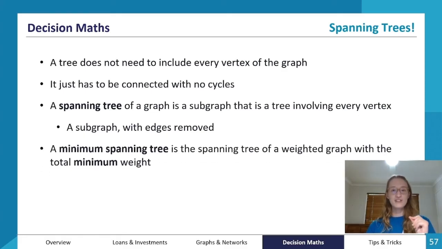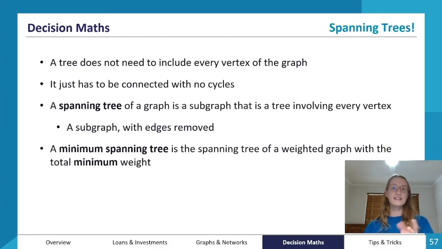And then to make our definition a little bit more specific, a minimum spanning tree is the spanning tree of a weighted graph with the total minimum weight. So we're coming back a little bit more to what I mentioned earlier with almost like the shortest path, except here we're not talking about a path. We're talking about the minimum spanning tree, which is the spanning tree of a weighted graph with the total minimum weight.